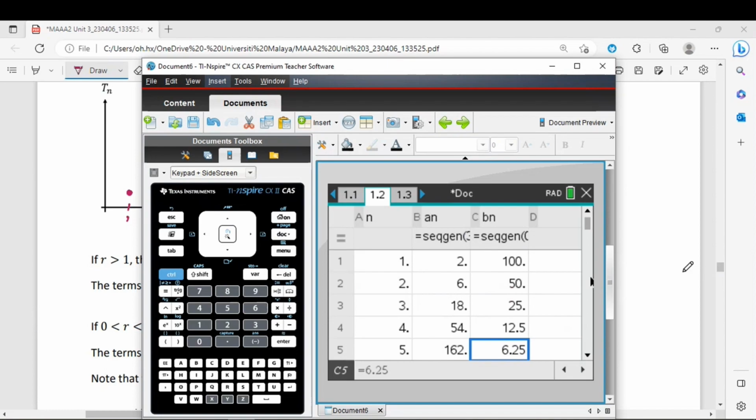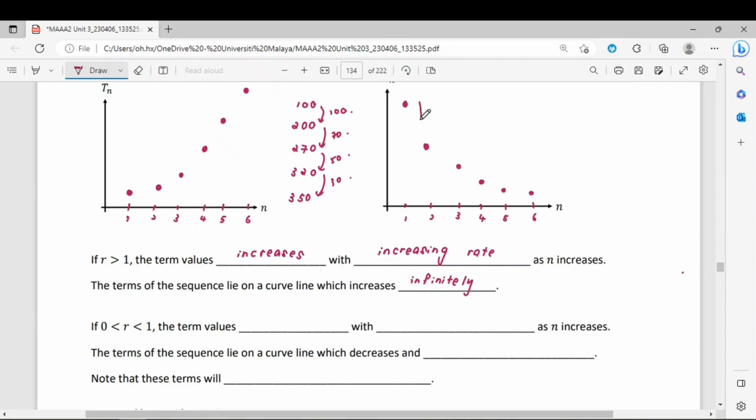If you look at the graph, the first difference is so much. Then the difference gets smaller, smaller, and even smaller. That's why this is called decreases, because you can see it going down, and the difference between the numbers is getting less and less. So that's why it's called decreases with decreasing rate.